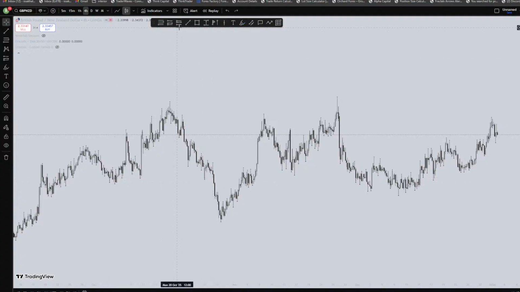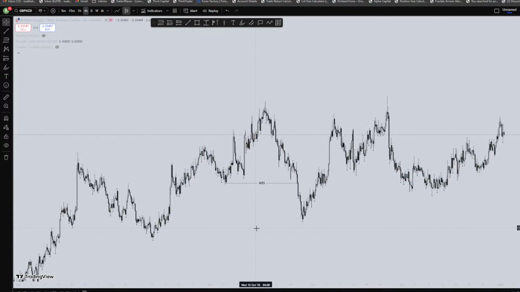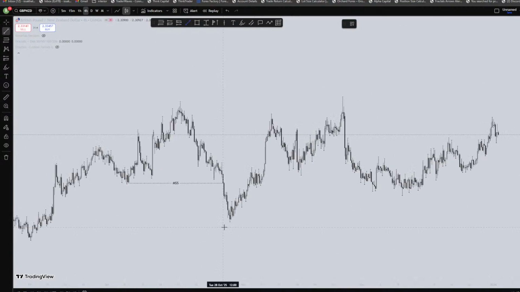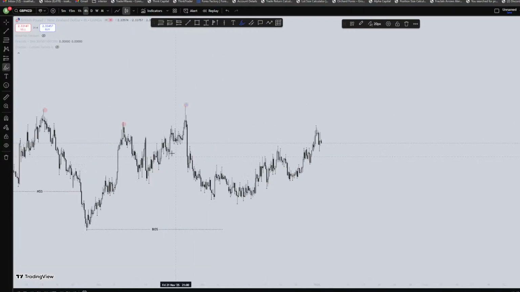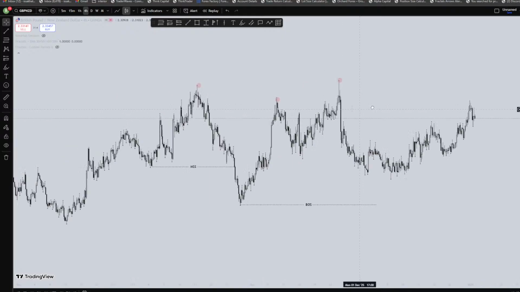Okay, but now this made it our MSS, so we needed confirmation here, which didn't happen. So price pushed back as it should, gave new points, and came back down.